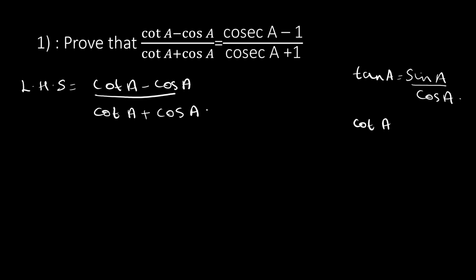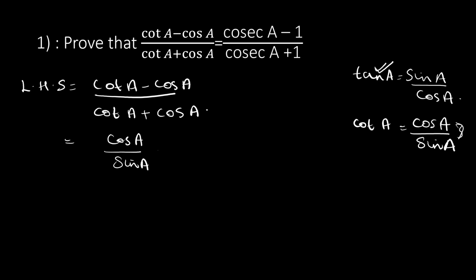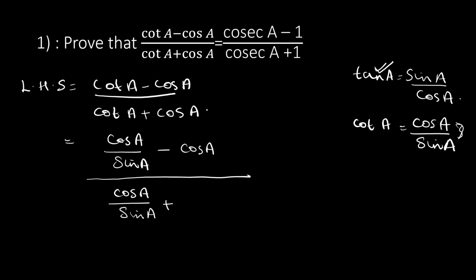Cot A will be the reciprocal of tan A, which is equal to cos A divided by sin A. Now we can write cot A in terms of cos and sin: cos A divided by sin A minus cos A, divided by cos A divided by sin A plus cos A.